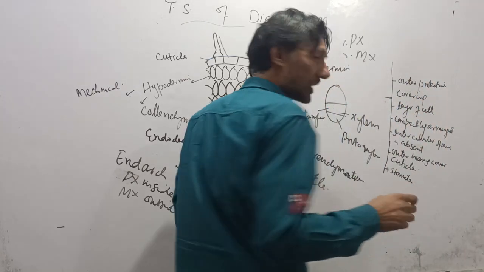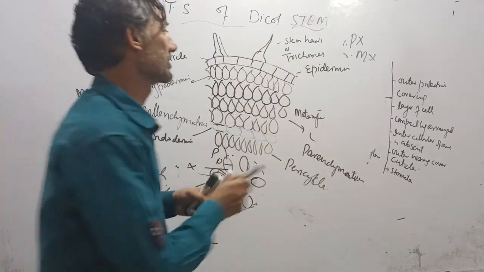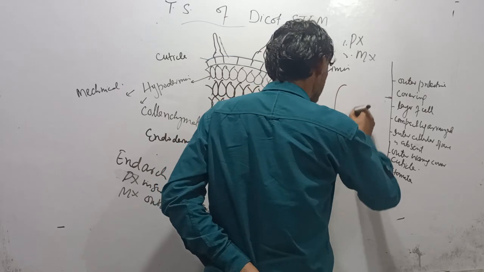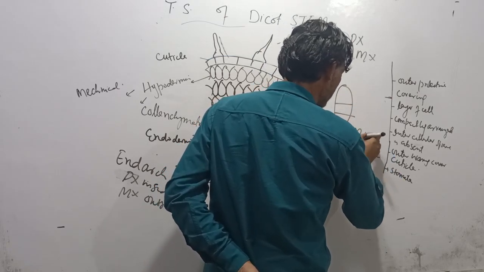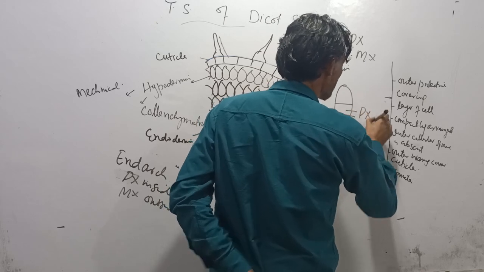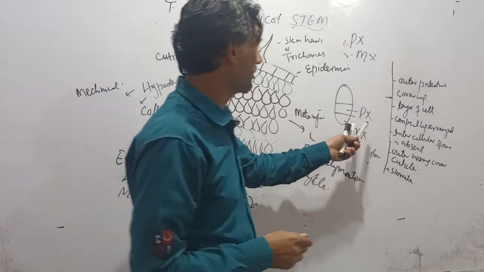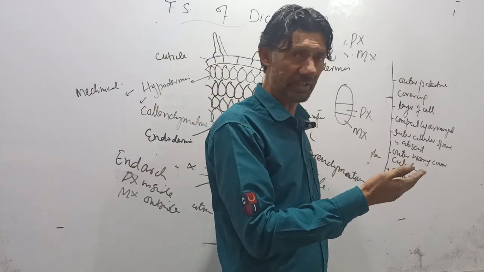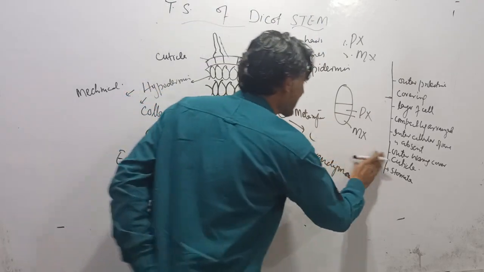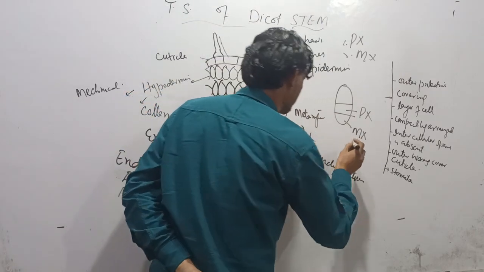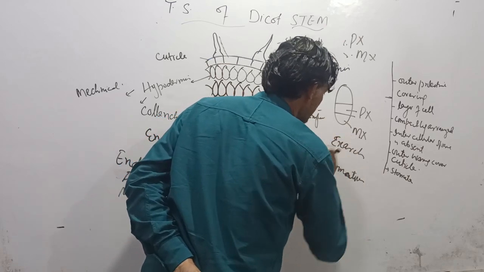In roots, the condition is reversed. The protoxylem is outside and the metaxylem is inside. That is called the exarch condition.